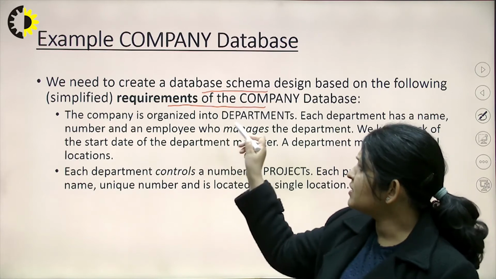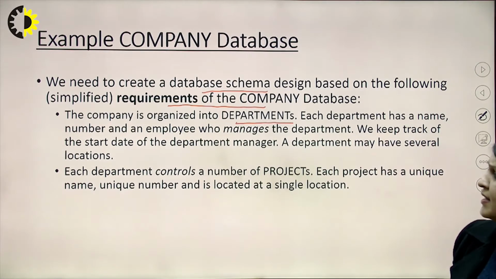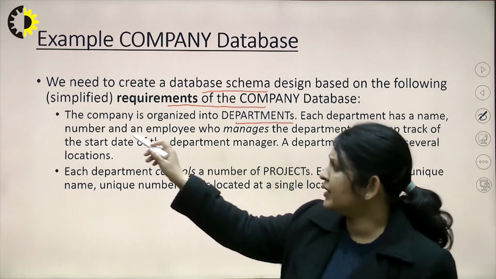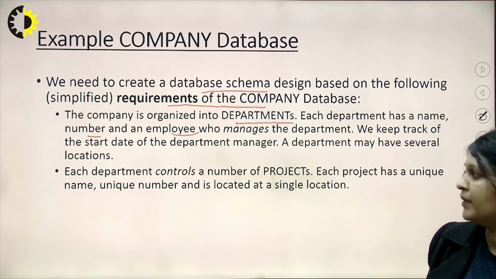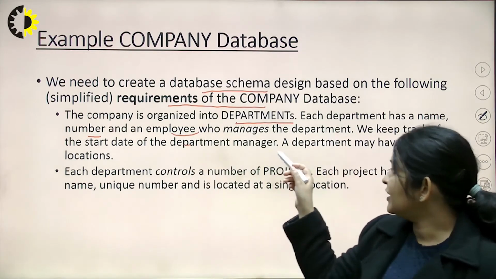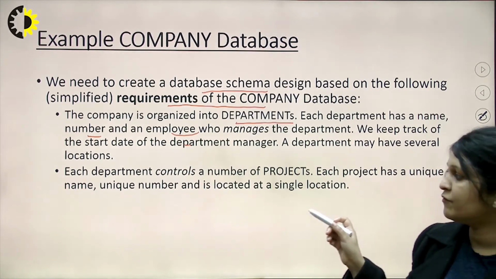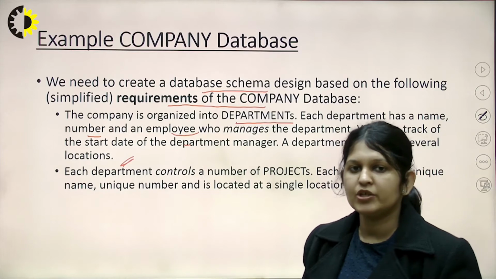That is, the company is organized into departments, and each department has a name, number and an employee who manages the department. So, we keep track of the start date of the department manager. A department may have several locations also. So, a department may be located at various locations.